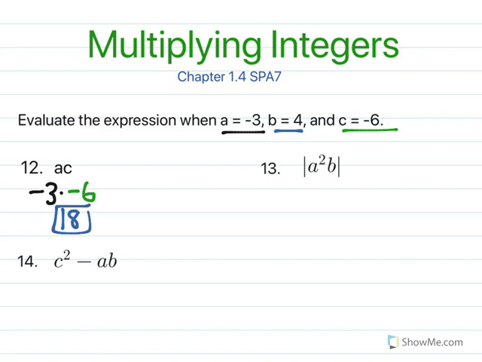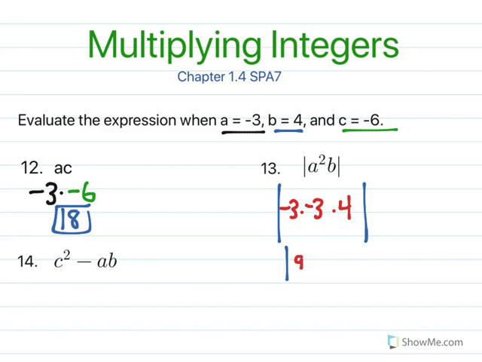Now for number 13. If you remember, this is the absolute value sign. The absolute value sign tells you that anything inside of it will come out as positive in the end, okay? So, no matter what. So I've got a, which is negative 3, squared. So I have negative 3 times negative 3 times 6, times b, which is 4. So then I have negative 3 times negative 3 is positive 9.